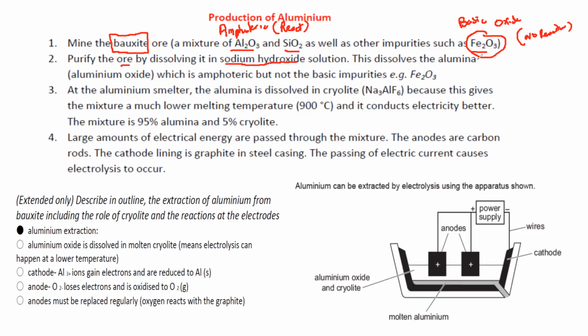The iron oxide will be left as a solid, and aluminium oxide, as it reacts, will turn into a solution. So how do we separate the solid from the solution? We carry out filtration. When we carry out the filtration, iron 3 oxide will be left as a residue, whereas aluminium oxide, which was dissolved in sodium hydroxide, can pass through and will be there as a filtrate.